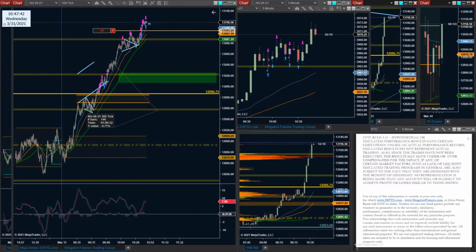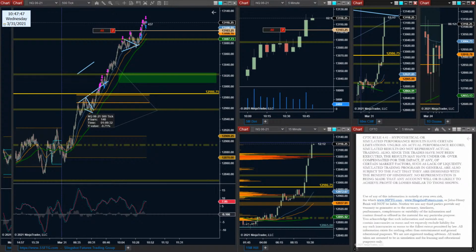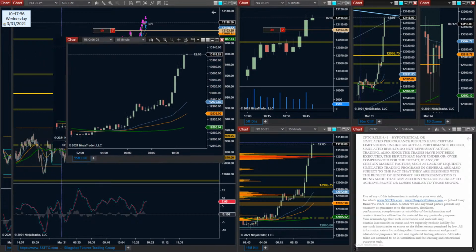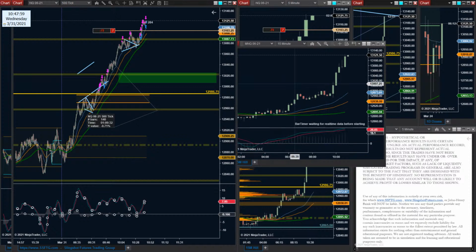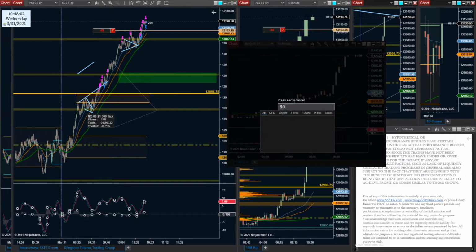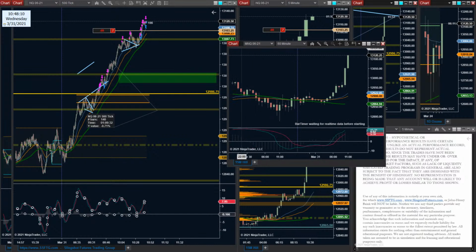Is the MNQ 60-minute building up a MACD divergence? Let's see here. I'll just put this one over on the MNQ. That'll be fine. Oh, I need the MACD. Pop you up there. Make that a 60-minute chart.